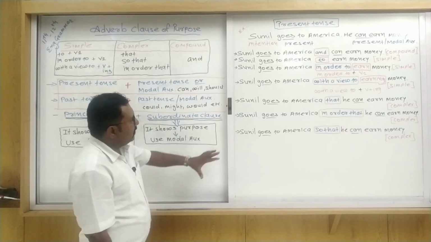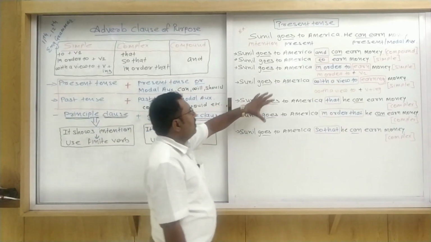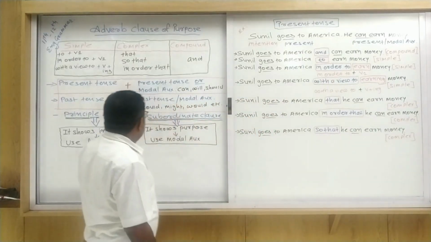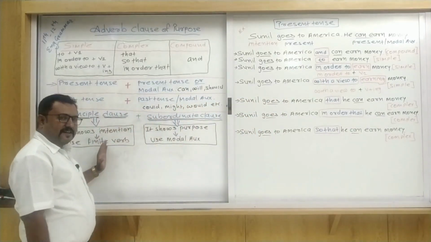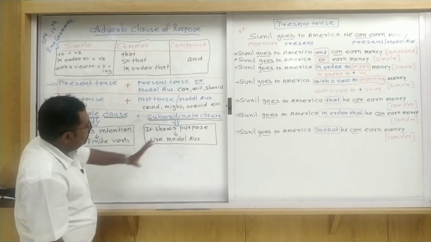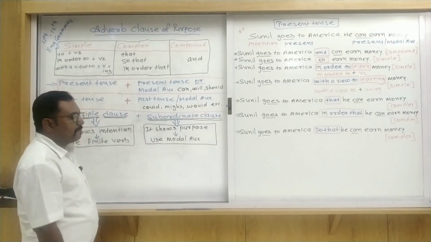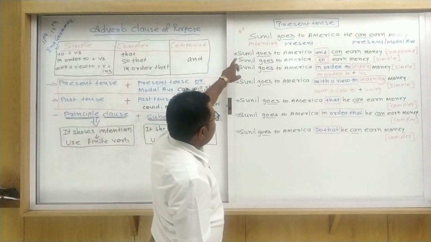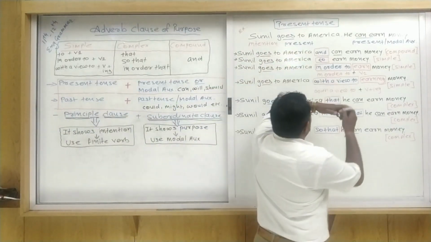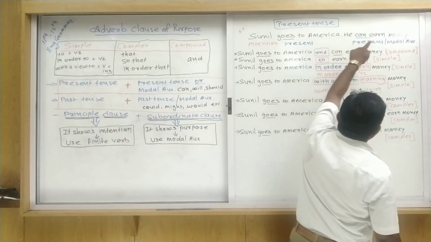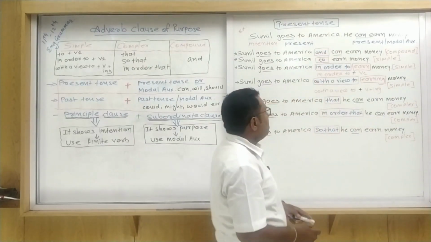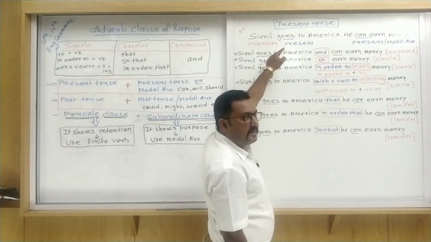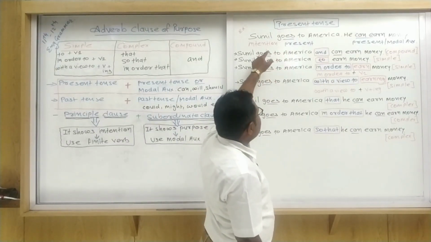Okay. So here first of all we try to learn present tense. If the principal clause is in present tense, then we have to use the subordinate clause in present tense. The first sentence is: Sunil goes to America, he can earn money. Dear friends, goes means present tense is used here, and that is the intention.